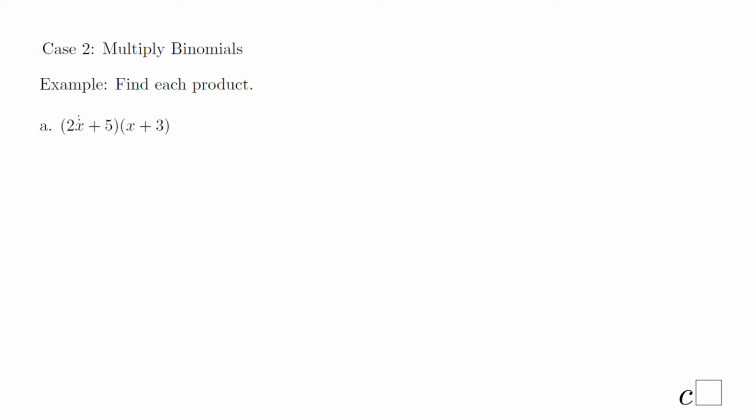I'm going to show you what FOIL means now. You see, we have 2x times x, and you notice these two terms are the first terms in each binomial. So this means first. Then we have outer, and those outer terms are 2x and 3.